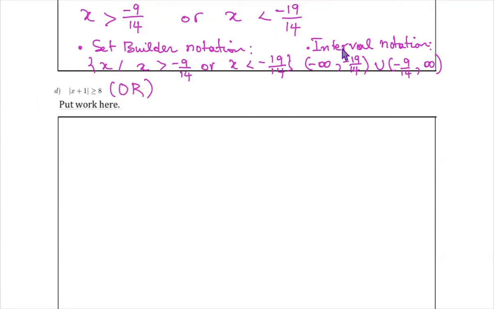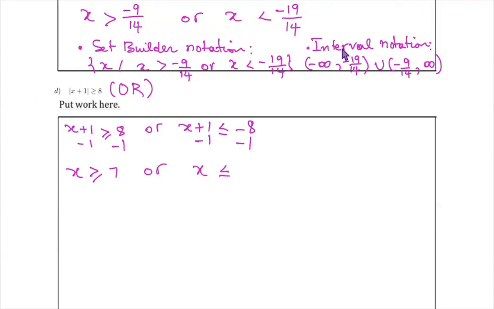So the two inequalities are x plus 1 greater than or equal to 8, or x plus 1 less than or equal to negative 8. So we will isolate x by subtracting 1 on both sides of each inequality. x is greater than or equal to 7, or x less than or equal to negative 9.